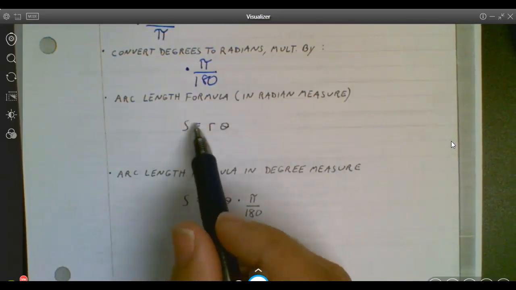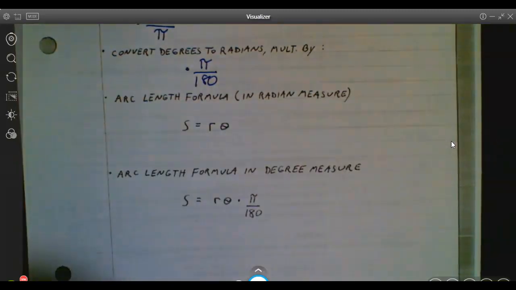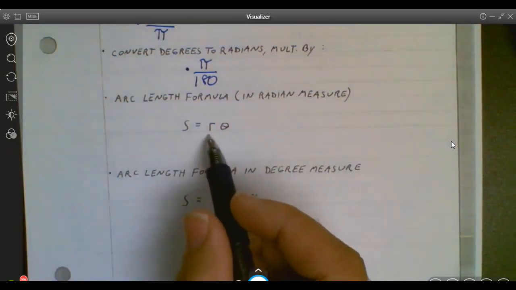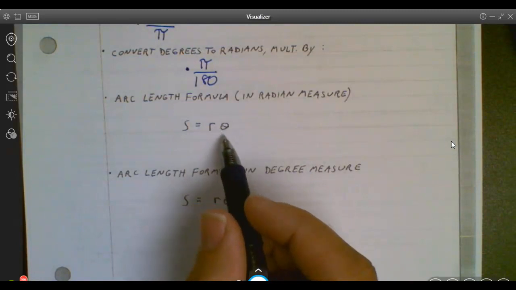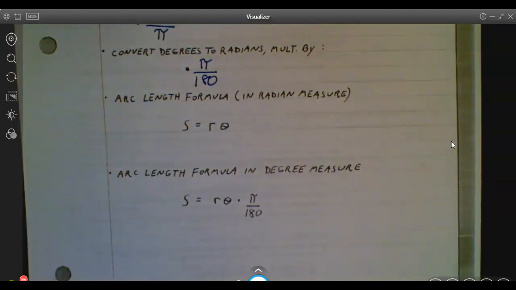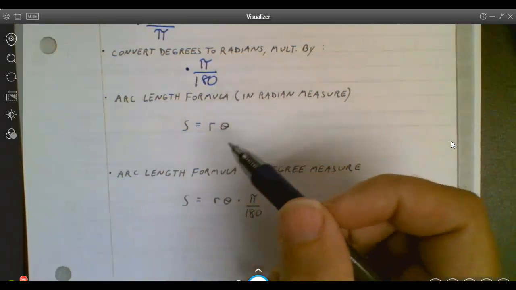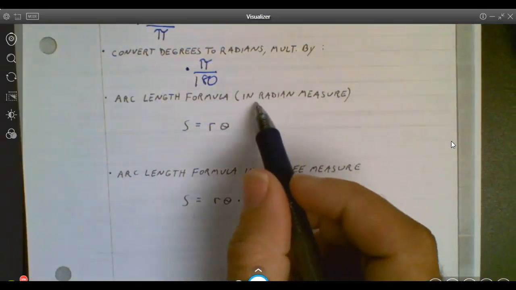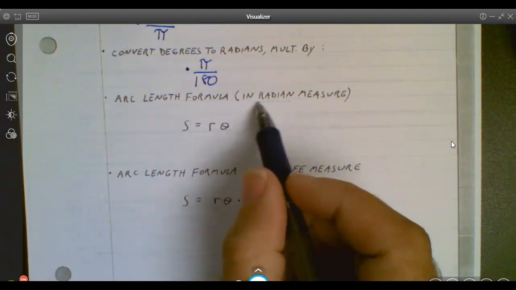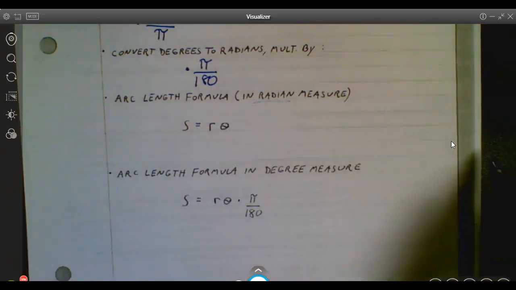They use the letter S to represent the arc length. r is, of course, the radius, and theta would be the measure of the central angle that you'd be looking at. Keep in mind, when you're doing these formulas, they always do these in radian measure instead of degrees.